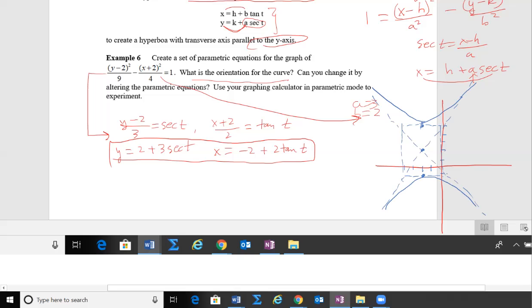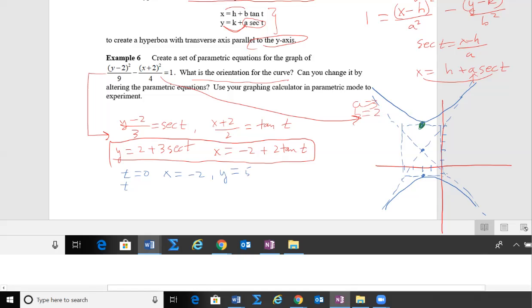Let's take a few values of t here. Let's try t equals 0. You're going to get x equals -2, and y also, y is 5, isn't it? Okay, now that's this point right here at the start. That's -2, 5, so it's starting right there.